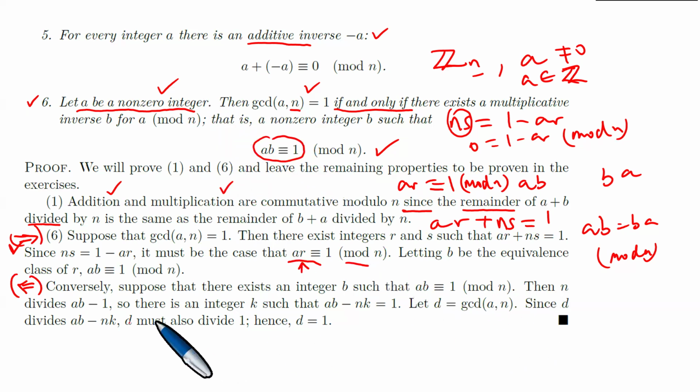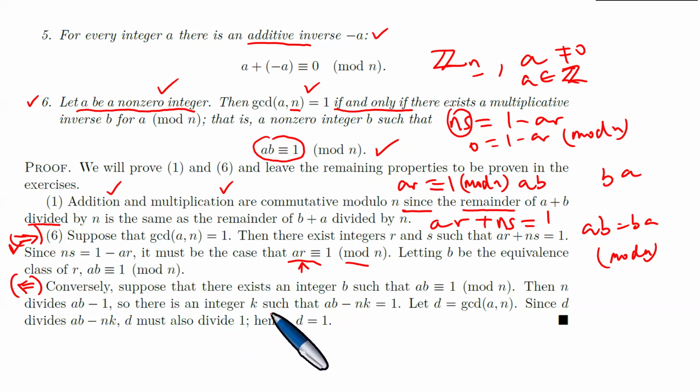Right, so then N divides what? Because if AB is equivalent to 1 modulo N, then we can move the 1 to the left side of the AB, so the 1 becomes negative. So it means, therefore, that N divides AB minus 1.